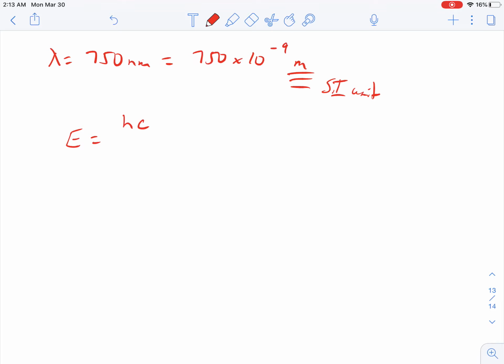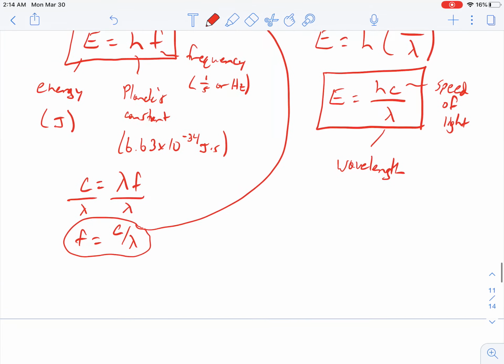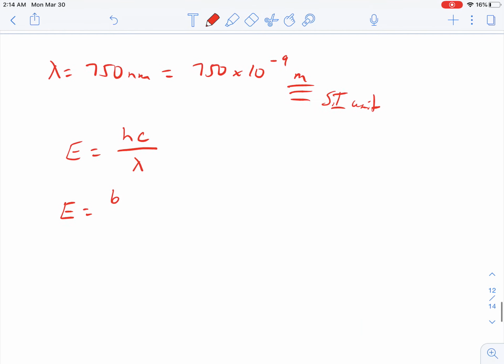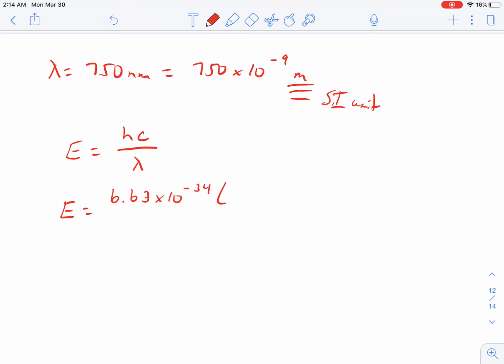So energy is equal to Planck's constant, which back up here we had as 6.63 times 10 to the negative 34, multiplied by c, our speed of light, which in a vacuum is always 3.0 times 10 to the 8th. And we divide by the quantity 750 times 10 to the negative 9, because that's what our wavelength is in terms of meters.